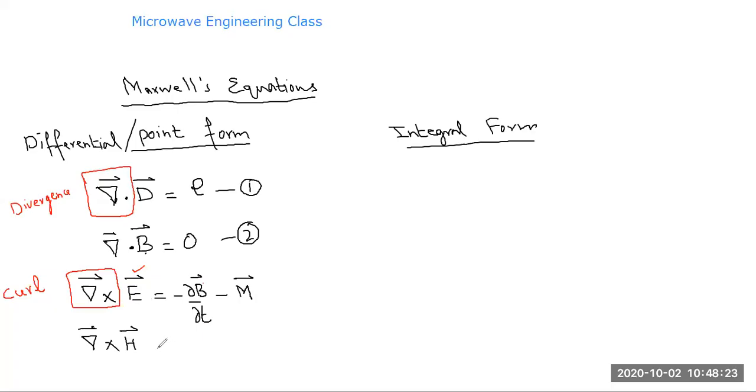The fourth one, which is curl of H, is basically Ampere's law. According to this, circulating magnetic field can be produced either by current density J, or it can be produced by changing electric flux density.